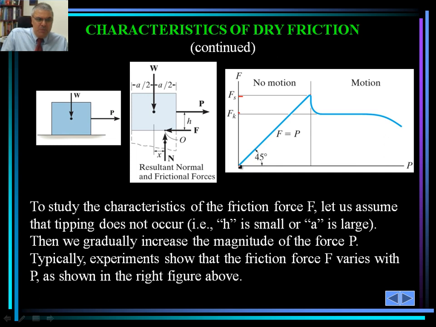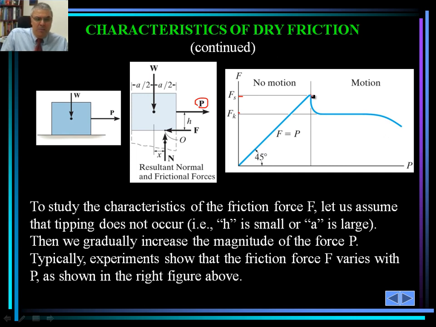So up to a certain point we start from 0, we gradually increase this force P, and we don't see any motion of the block, so the block is stationary with 0 movement or displacement, until at some point beyond which we would see this block start to move.